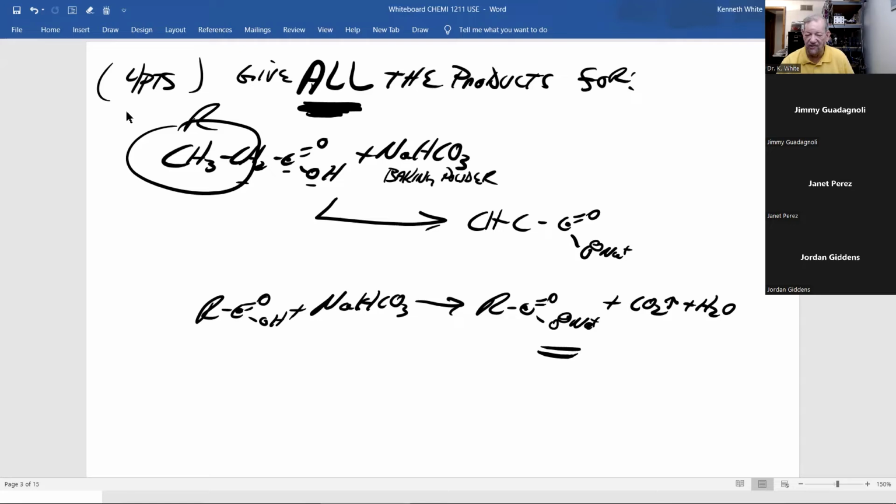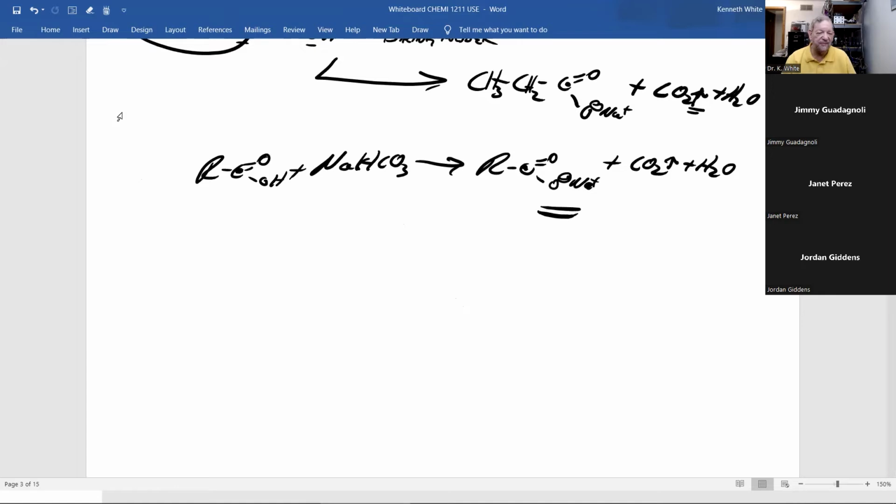I can put in my hydrogens real quick, because I know there are 4 bonds to carbon, but it asks for all of them, and it doesn't matter the order. CO2 given off as a gas, that's what that arrow up means, plus water. And that's how you do the reaction.